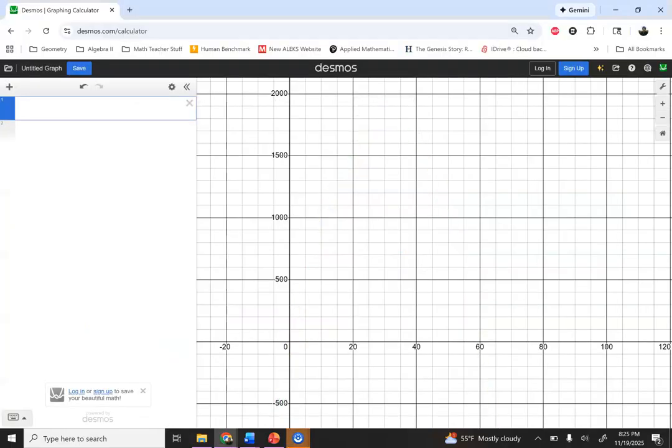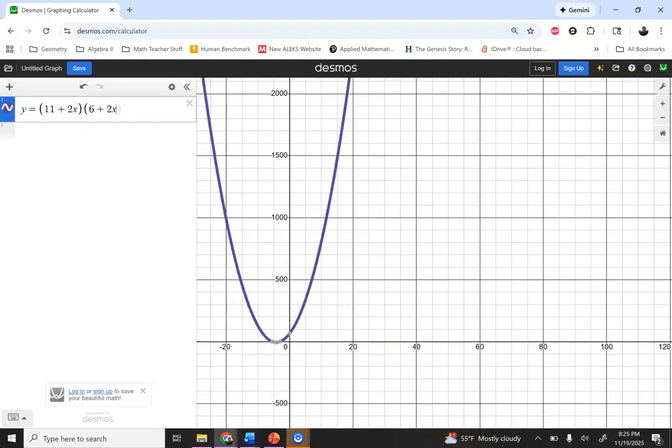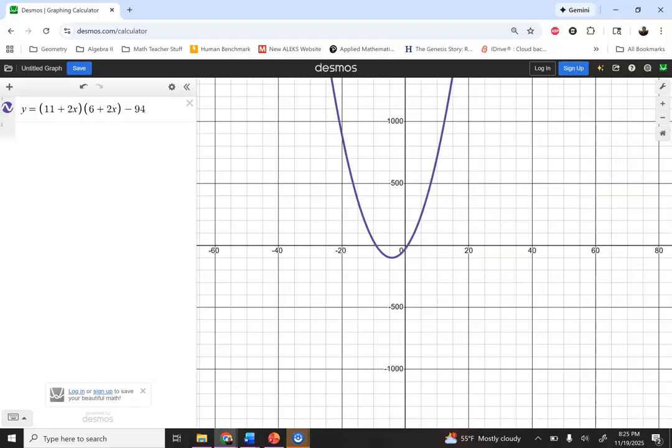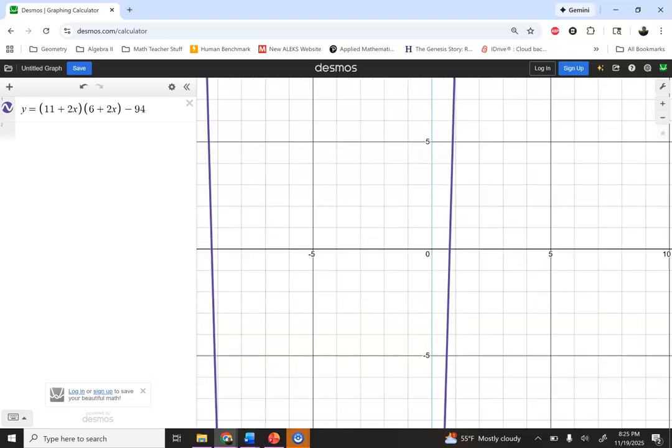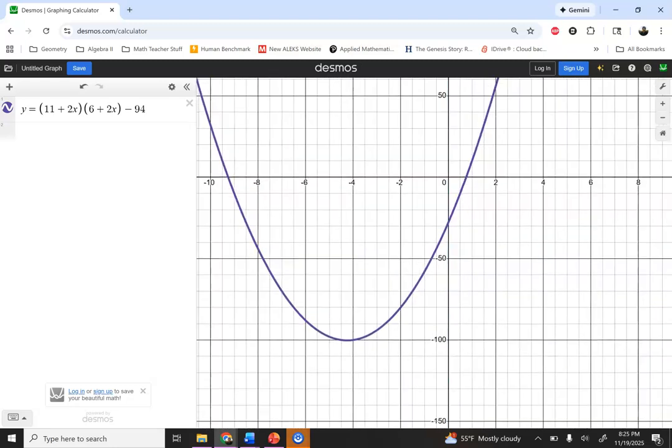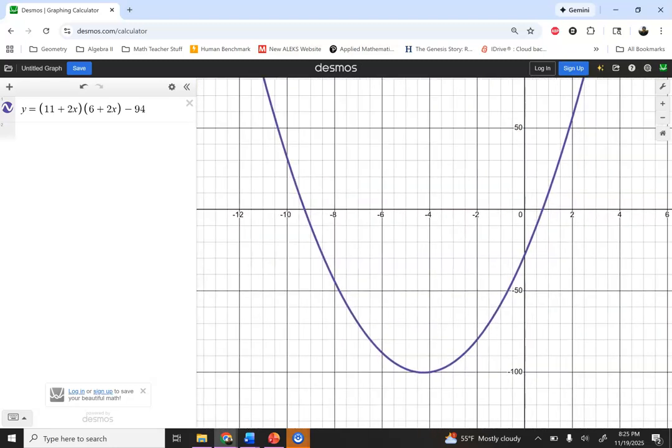So we'll start off with 11 plus 2x and then times 6 plus 2x, and then we'll subtract away that 94. I'll zoom back in a little bit here. We get a nice parabola coming in at 2 places on the x-axis, which is where it equals 0.